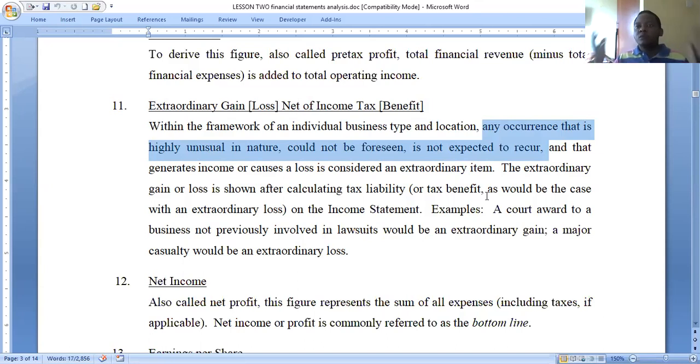So say for instance, in our furniture company, it happened that a multinational decided to set a base in Kenya. So a big organization, say Microsoft, decided to come and maybe establish a regional office in Nairobi, and then it appointed the furniture company to furnish it with furniture.